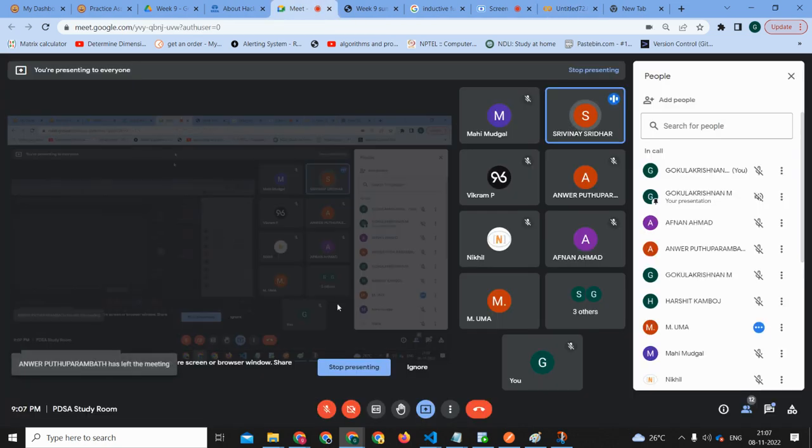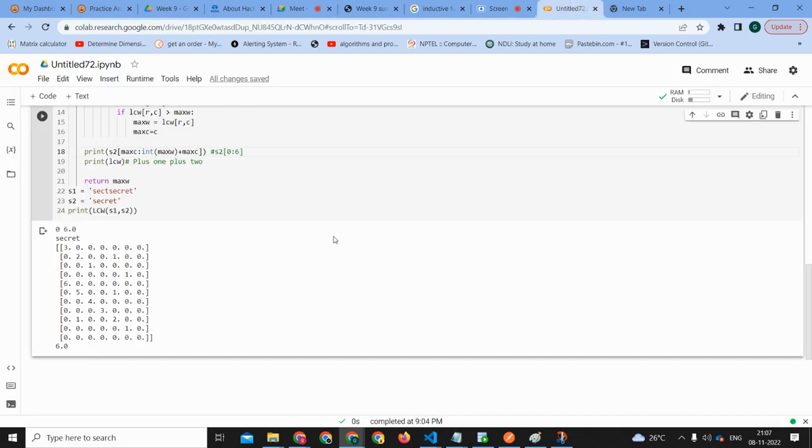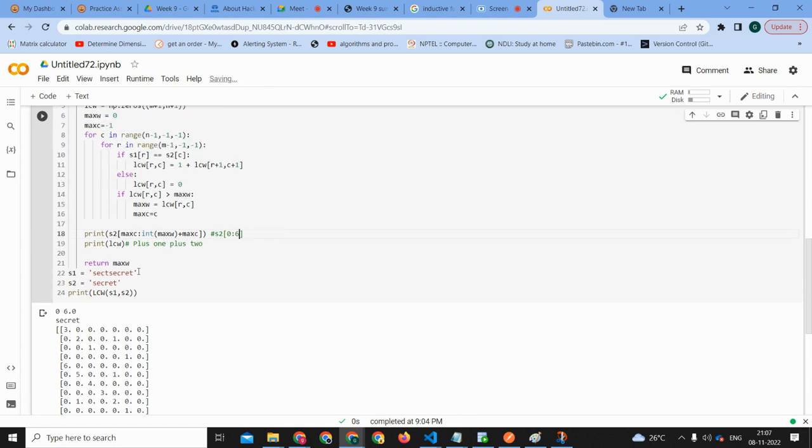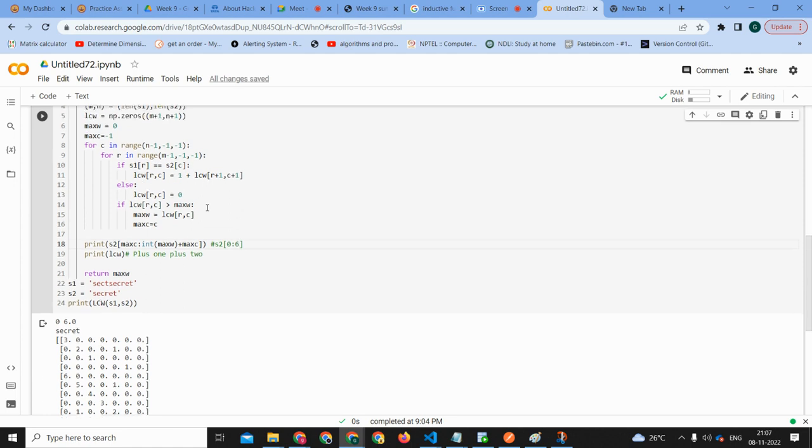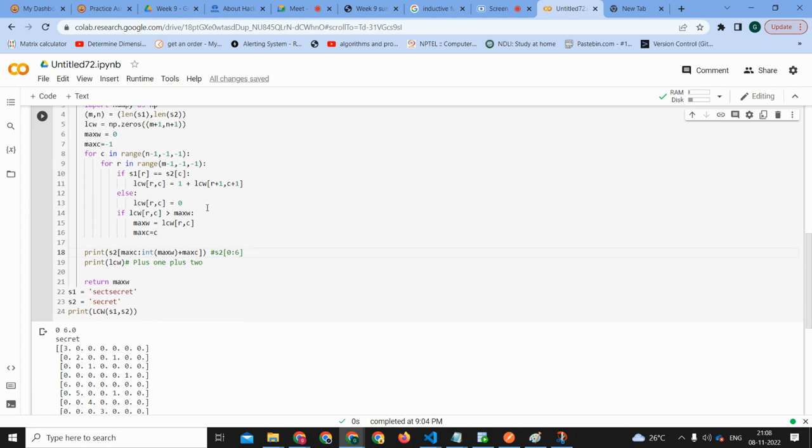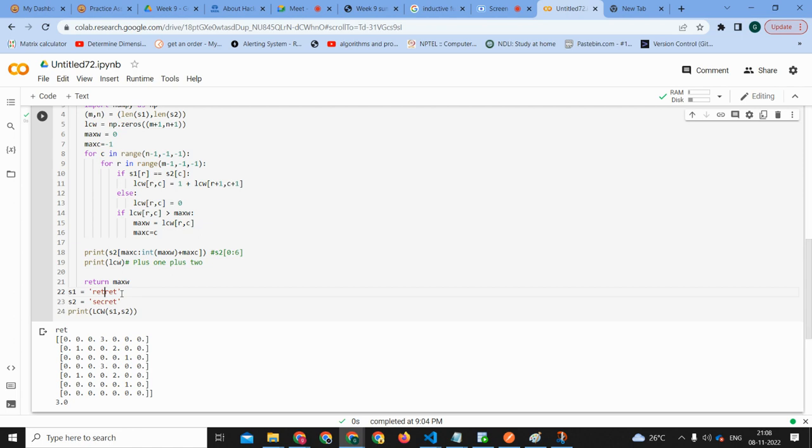So you're just trying to find the index of where it's starting, and you're getting the next 6 elements. Where did we find an issue when it was not starting from 0? The index was starting from 3. Let's say RET was the only common subword in S2. Then if you just put max of C to max of W, it's 3 to 3, and slicing that doesn't make sense.